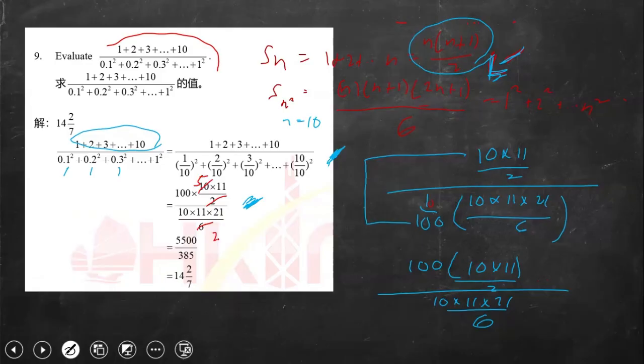Canceling here by 3. And canceling 5 by 2 here. We have 100 times 5 times 11 over 11 times 3. Are we missing one? Wait, 7. This was 7. 6 divided by 3 is 2, and 21 divided by 3 is 7.